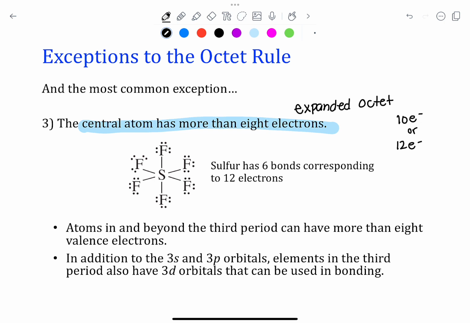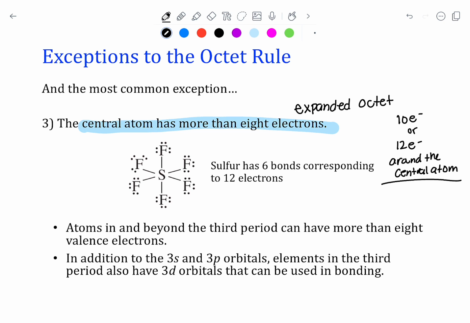It will not go any further. That's where it stops. It's not going to have 14, 16, 25. It's not going to have any more than 12 electrons. So it's either 10 or 12 electrons around the central atom.